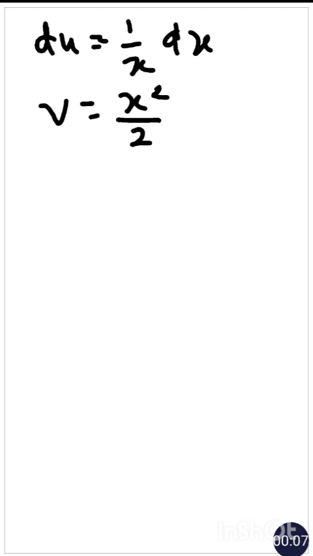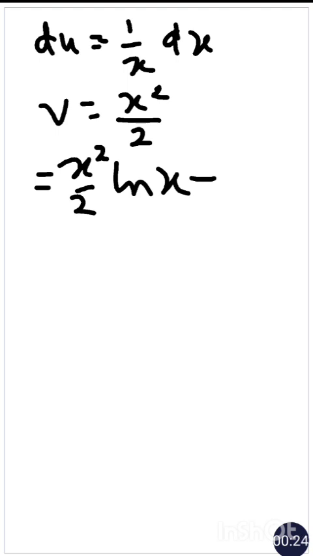So the final answer to our integral will be x squared over 2 ln x minus the integral of x squared over 2 times 1 over x dx.